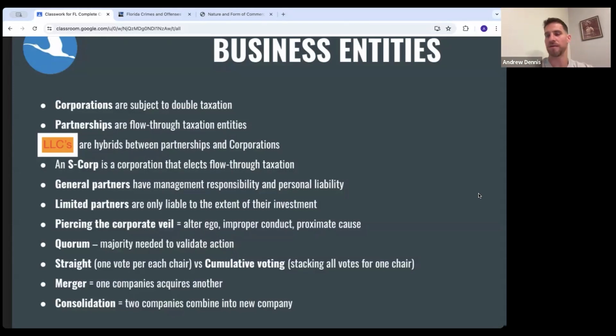An LP means that there's at least one general partner, and then there could be one or more limited partners. A limited partner has limited liability. So that's pretty nice. An LLP means that they're all limited partners. But even in an LLP, a limited partner would still be liable for their own malpractice. So general partners have management responsibility and personal liability. Limited partners are only liable to the extent of their investment.